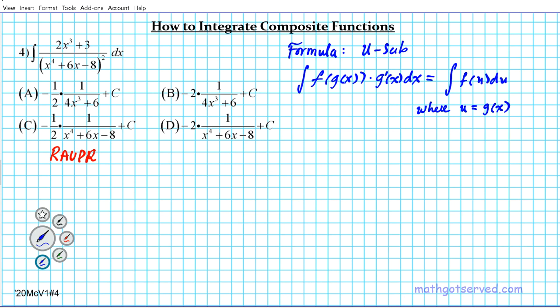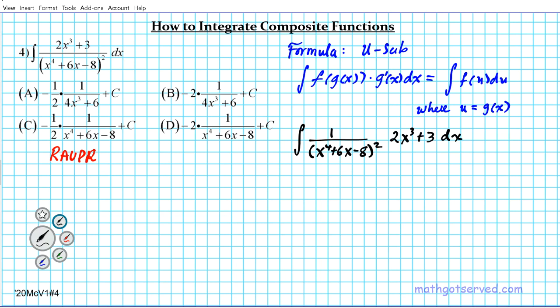Okay? All right, so let's go ahead and get started here. So we're integrating this guy right here. Let's write it in this format. I'm going to write it as 1 over x to the 4th plus 6x minus 8 times 2x to the 3rd plus 3 dx.